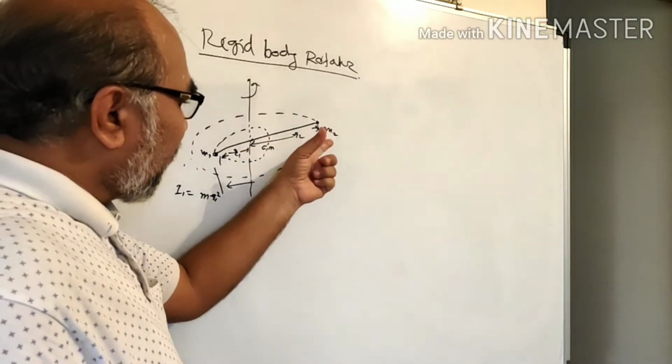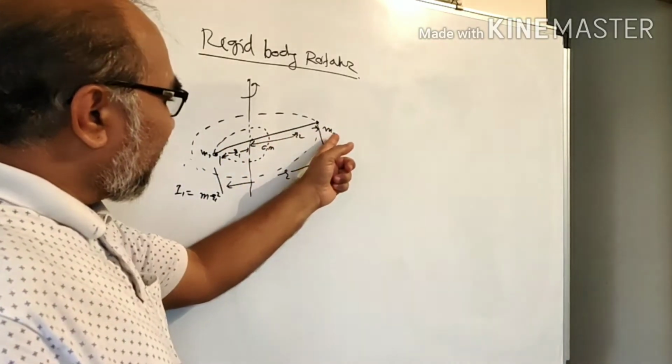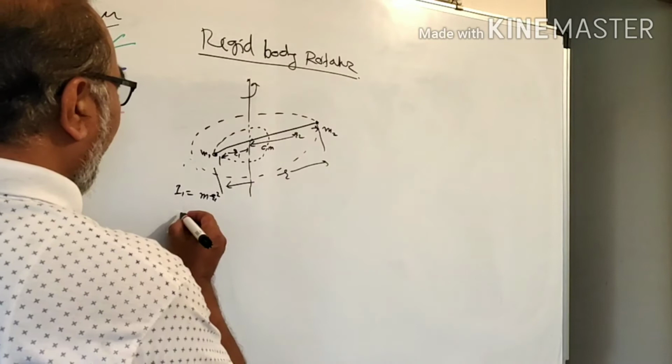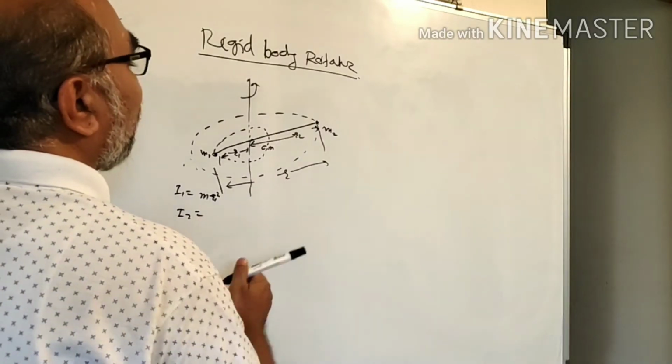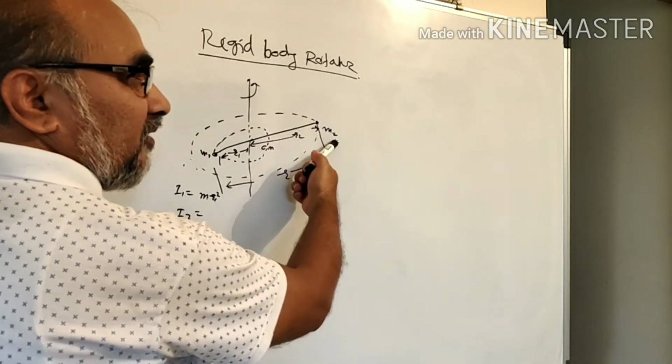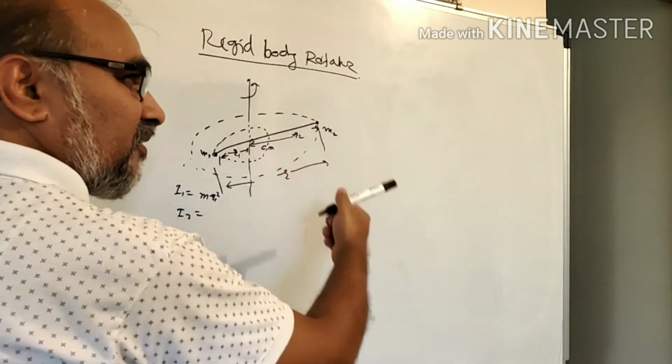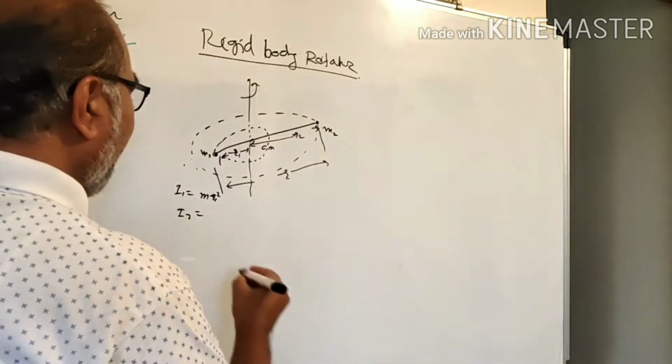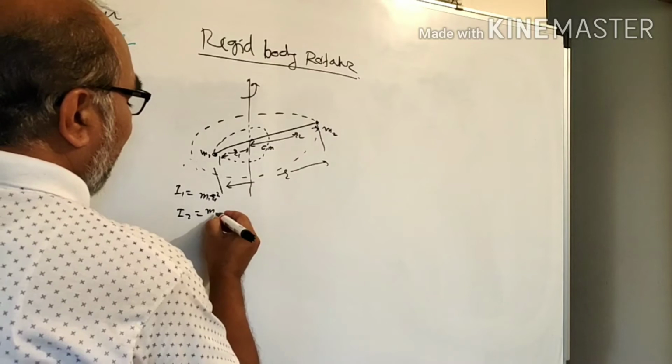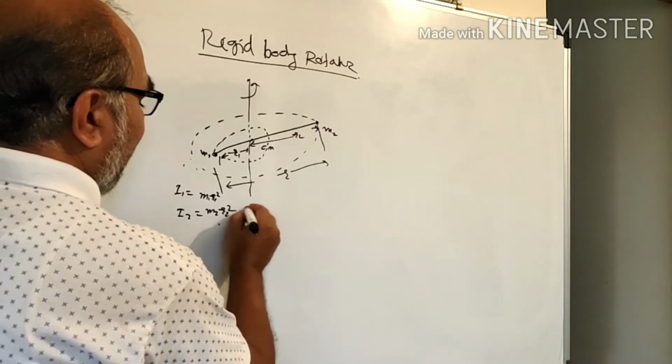For the second particle, the moment of inertia I2 is equal to the product of mass and the square of the distance from the axis of rotation, so this is M2 R2 square.